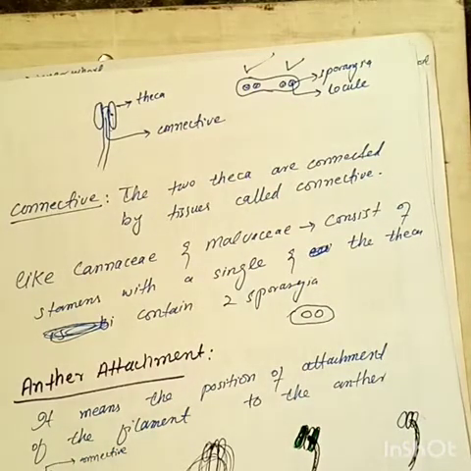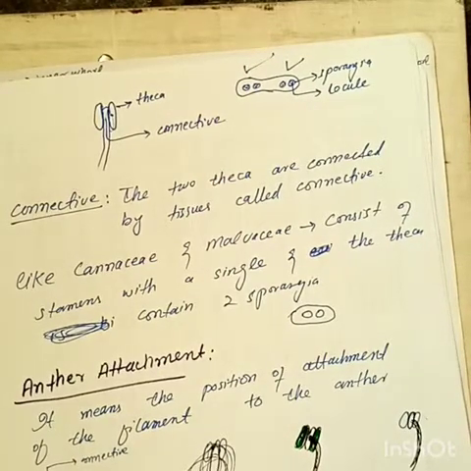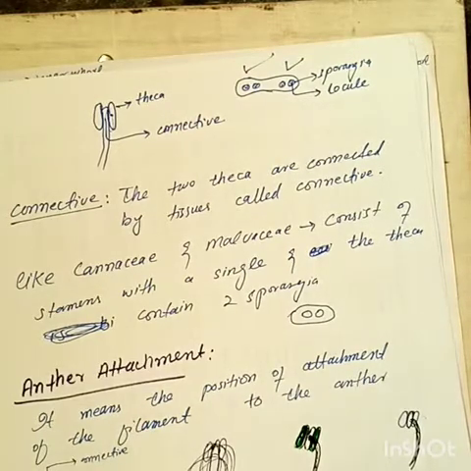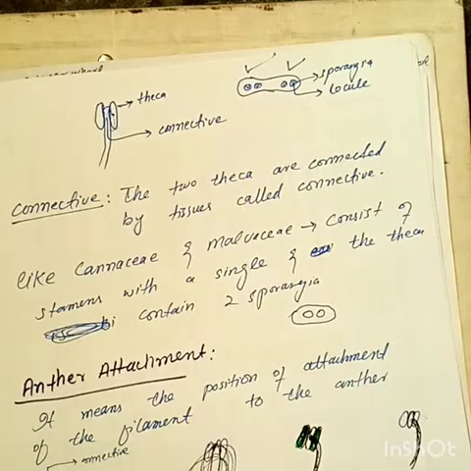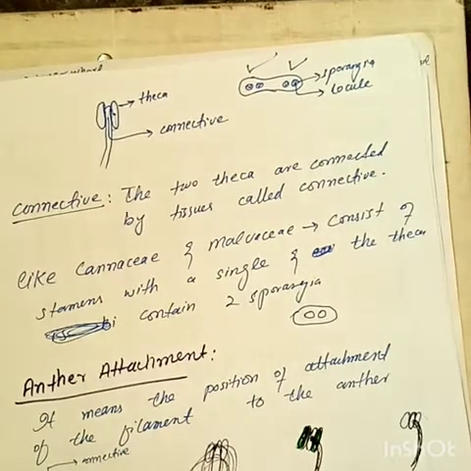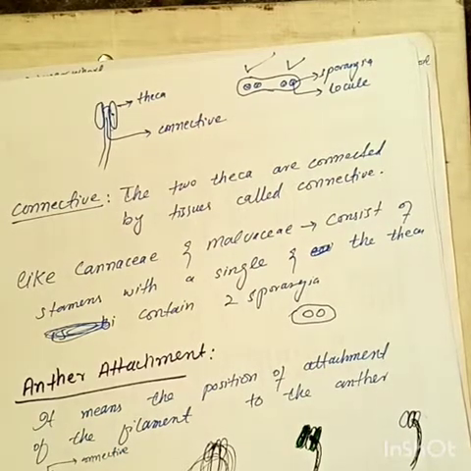The other one is versatile. Now what is versatile? This is also a simple one. Dorsi-fixed and subdorsi-fixed are known as versatile if they move, when they are freely pivoted.